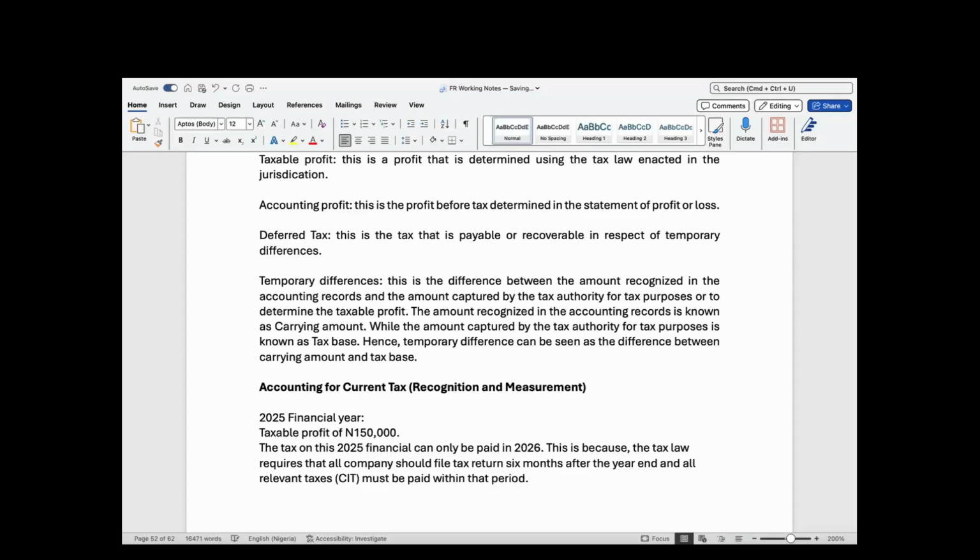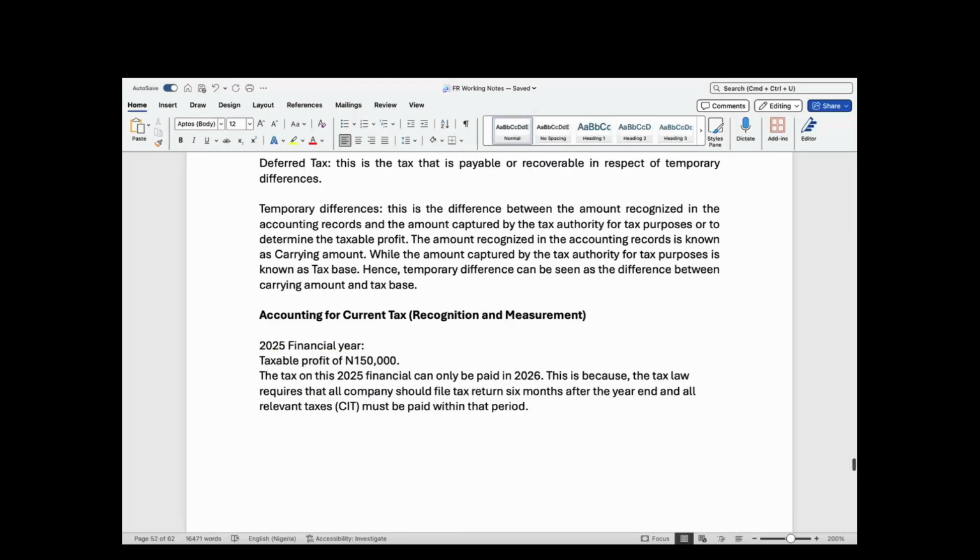So the situation we will find ourselves is that as far as this 2025 financial year profit is concerned, the tax will be paid in 2026.